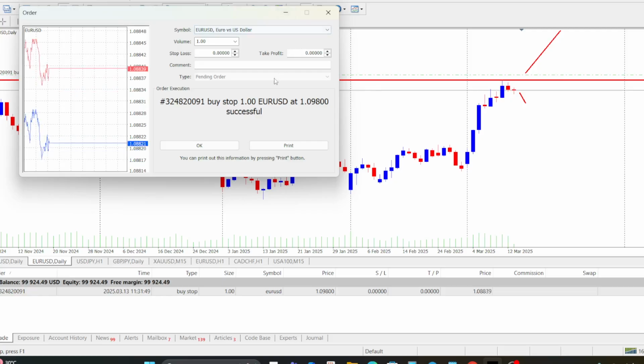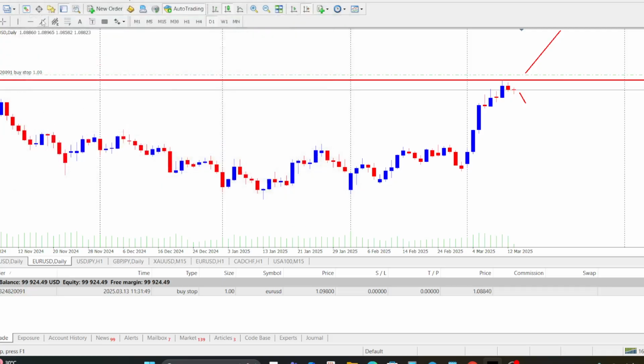On the other hand, a sell stop is placed below current price. Perhaps you can see that the price has been going up for a while, and you are expecting that if this trend line should get broken, a sell move is going to continue.